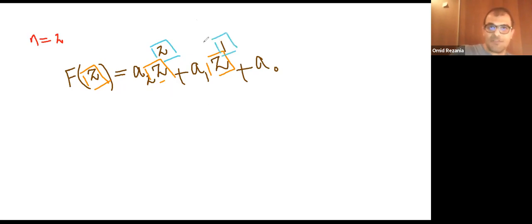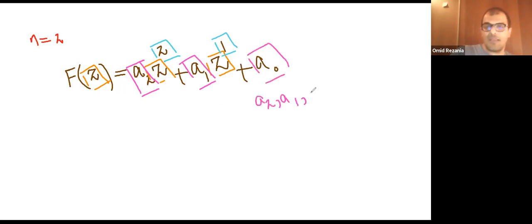And the coefficients that we have are a2, a1, and a0. And each one has to belong to the real numbers. We call a0 the intercept.